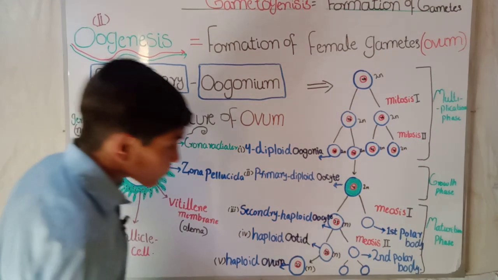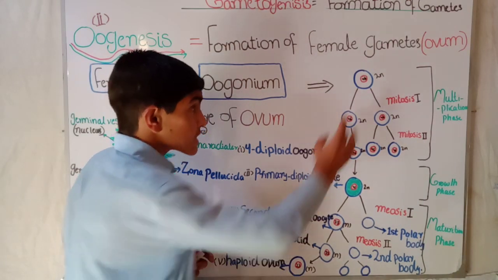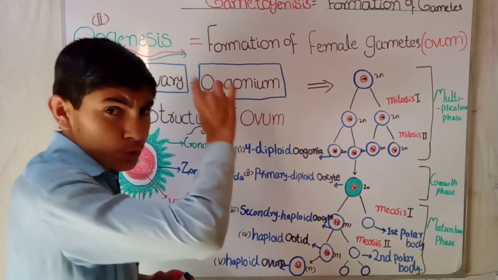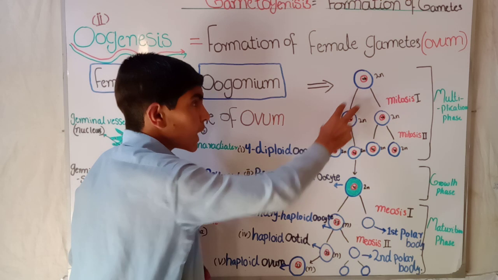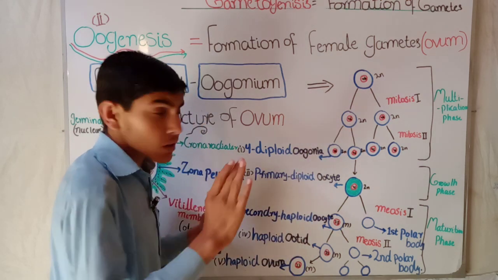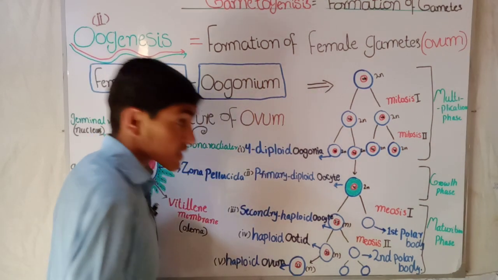First of all, previously we studied that in spermatogenesis a single diploid cell produces 4 sperm, but in this process, one oogonium produces only 1 ovum cell.